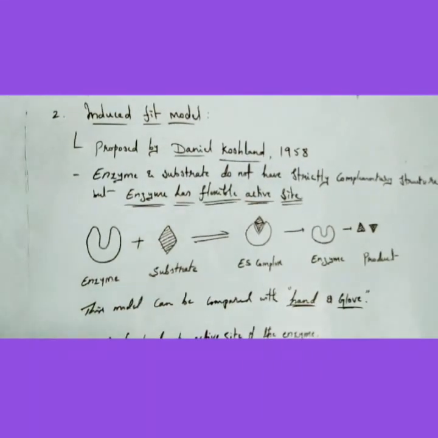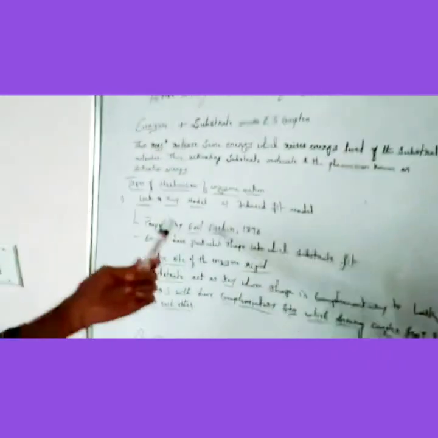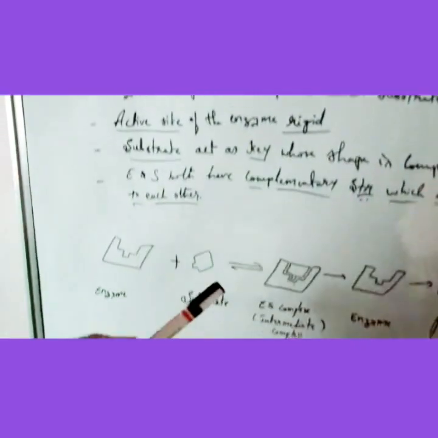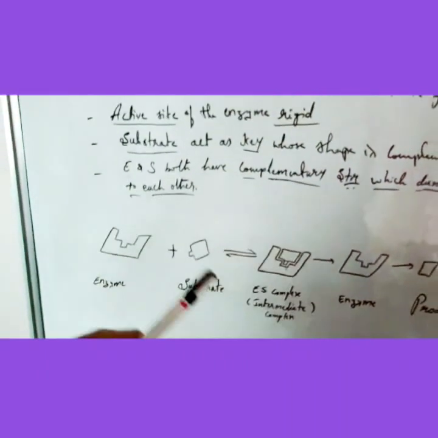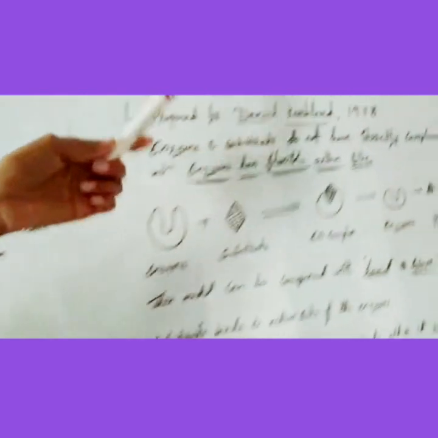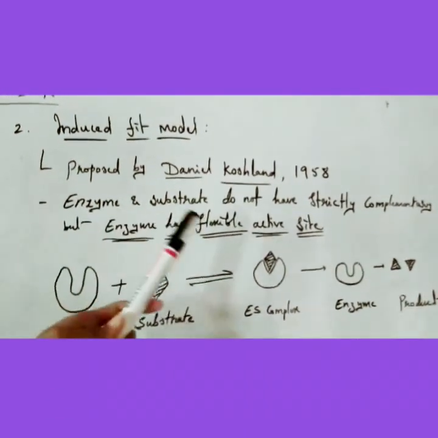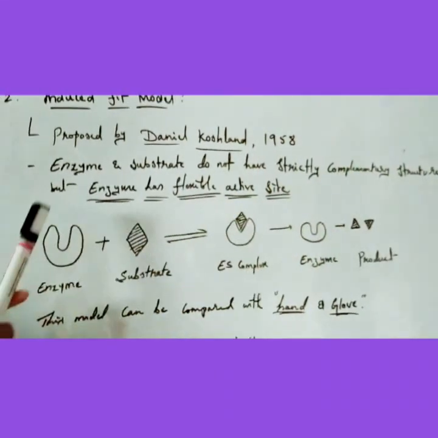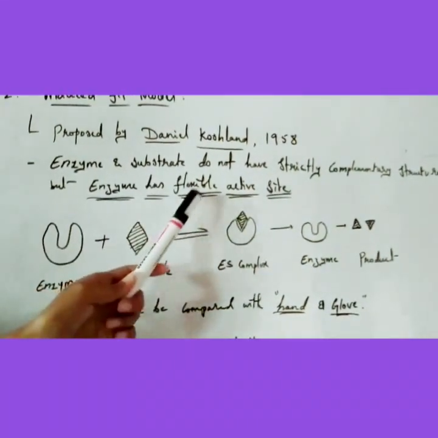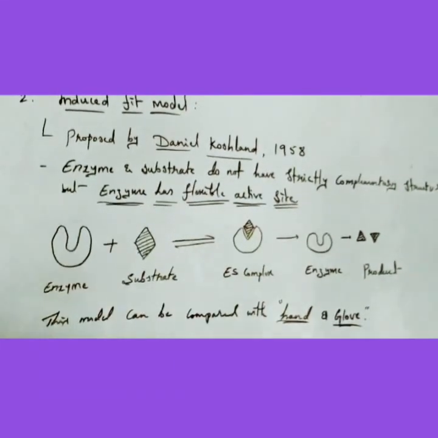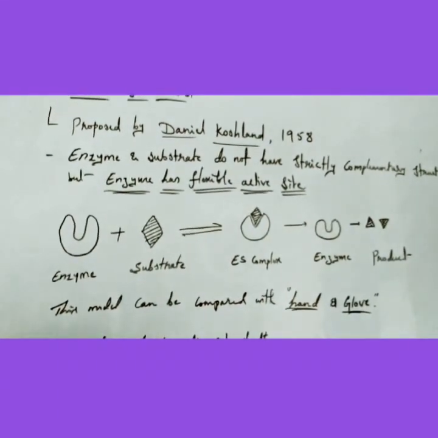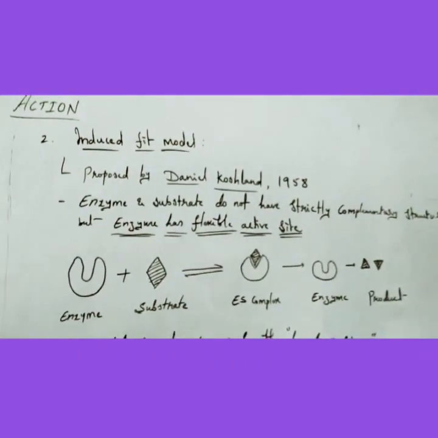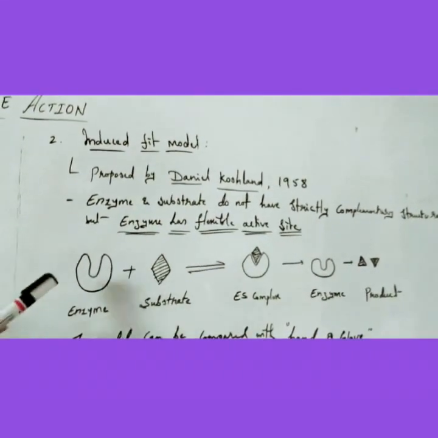In lock and key, the enzyme and substrate have strictly complementary structures, but in the induced fit model the active site is flexible.